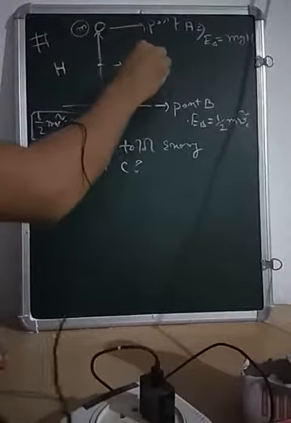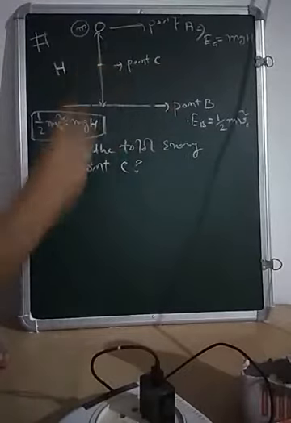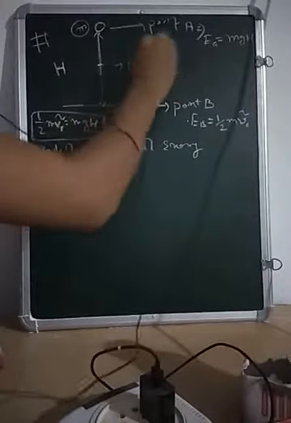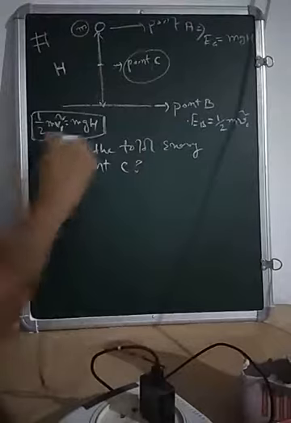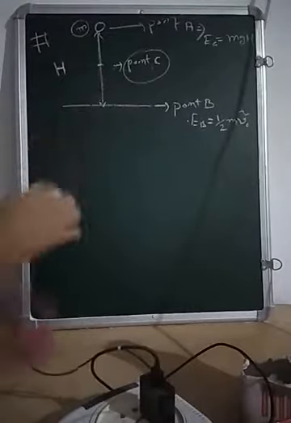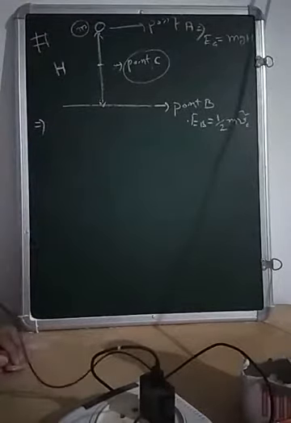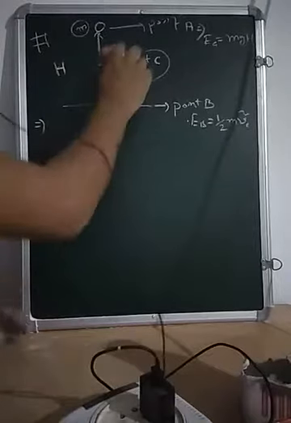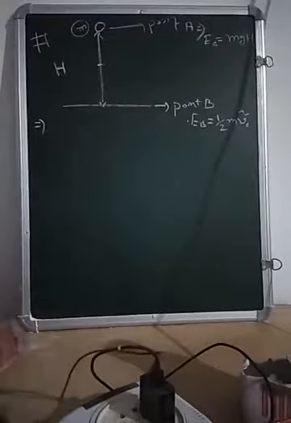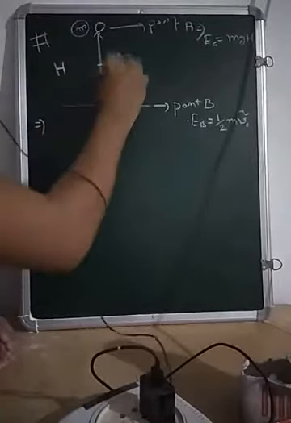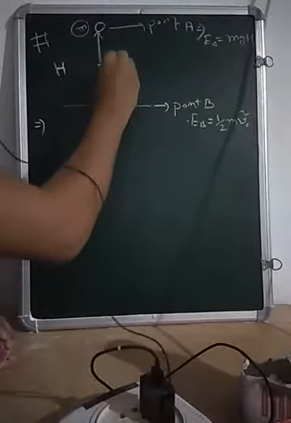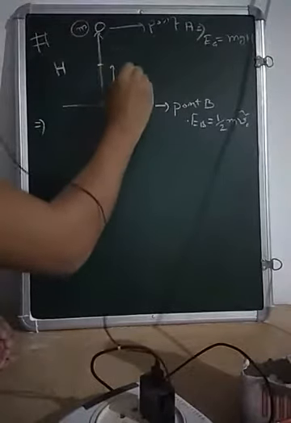Now I am taking another point C between points A and B, and I have to derive the total energy at point C. So how do we evaluate this? Suppose I am taking this height, small h.